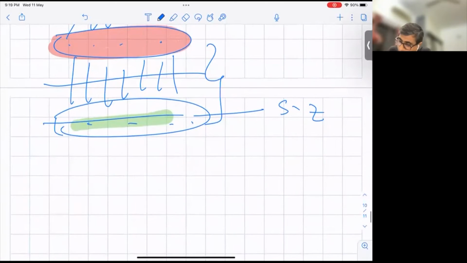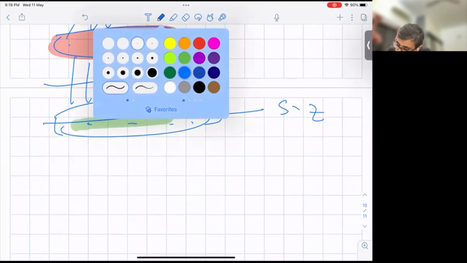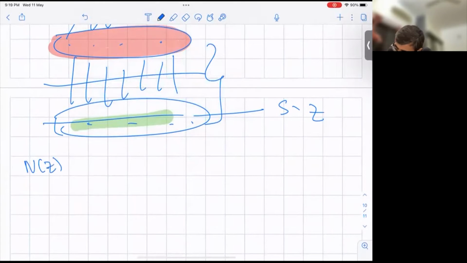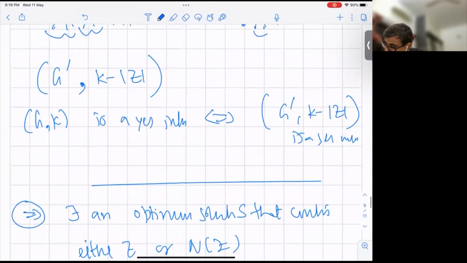Now, what else can happen is that N of Z is a subset of S. Then what will we do? We'll delete N of Z from S and add what? V of N of Z, right? This is what we added.